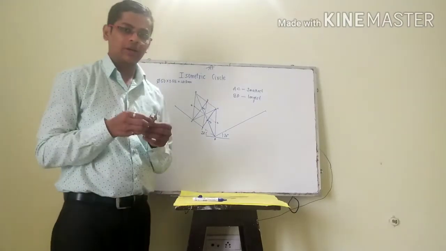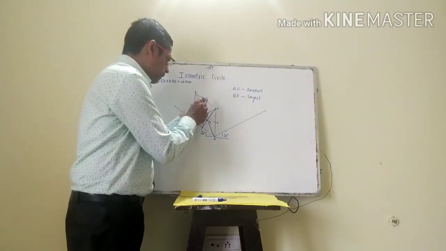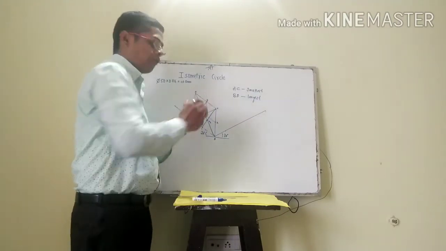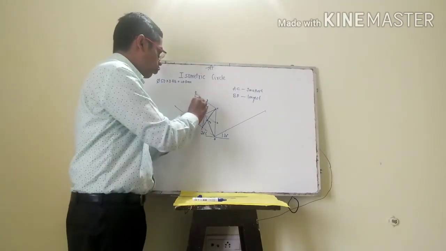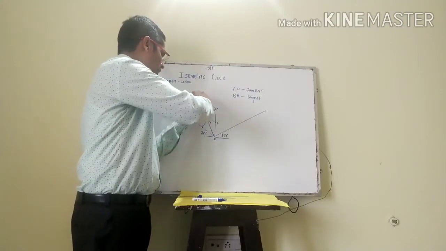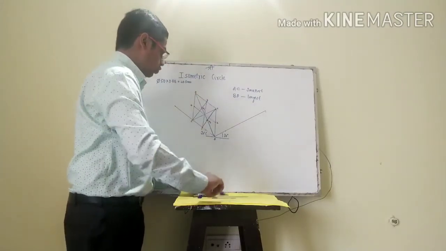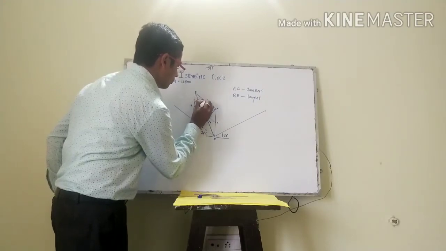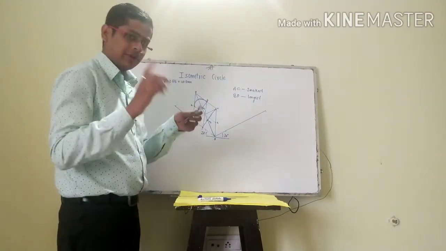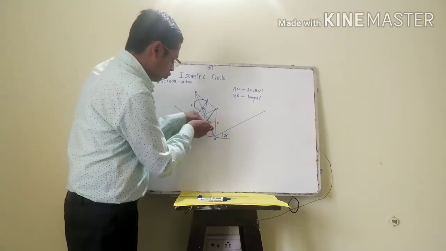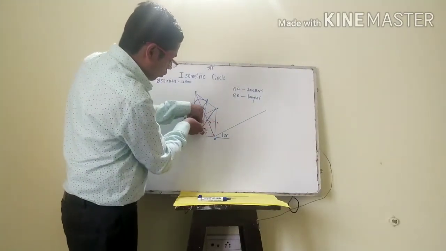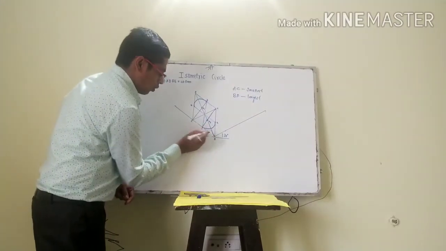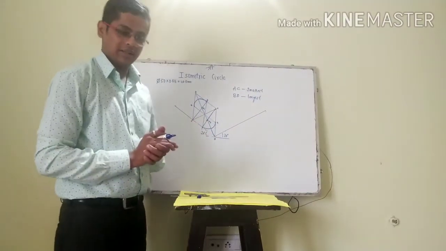Now take your rounder, keep it on O1, and from 3 to 4 draw one circle or arc from 4 to 3. So if you construct, it will be like this. Similarly, with the same radius, 2 to 1, considering O2 as your center.